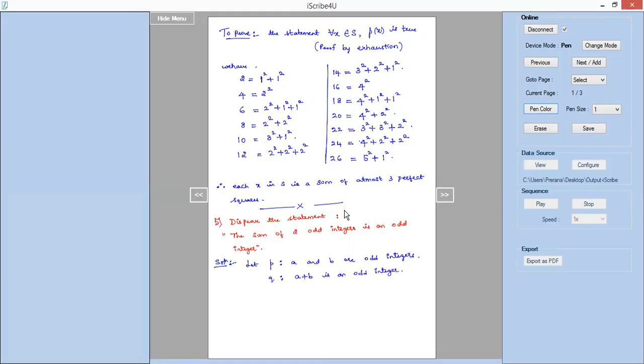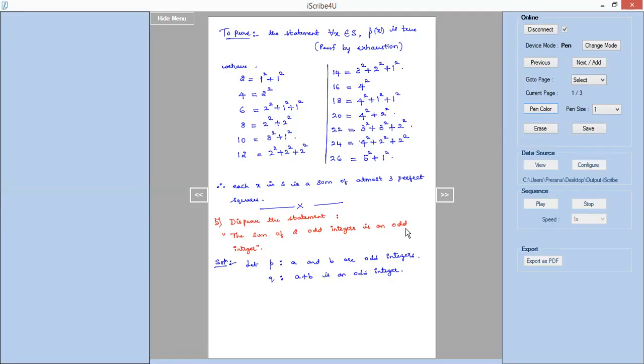Very firstly, when you see the question, it is actually not in the form of a conditional, but we can put it in the form of a conditional and then apply the disproof by contradiction. How can we write the given statement as a conditional? If there are two odd integers, then their sum is an odd integer.